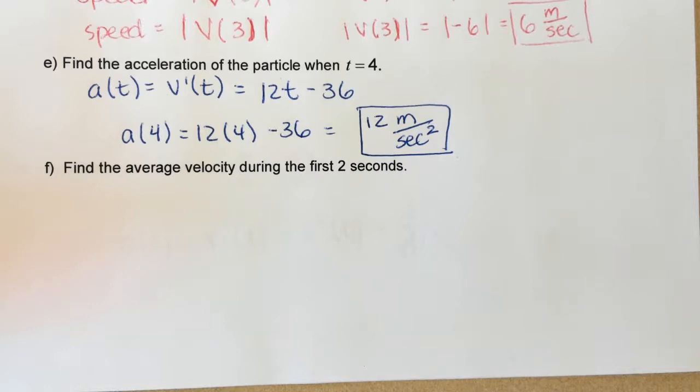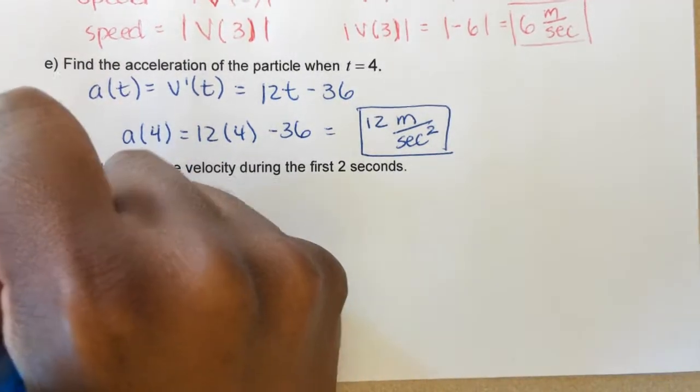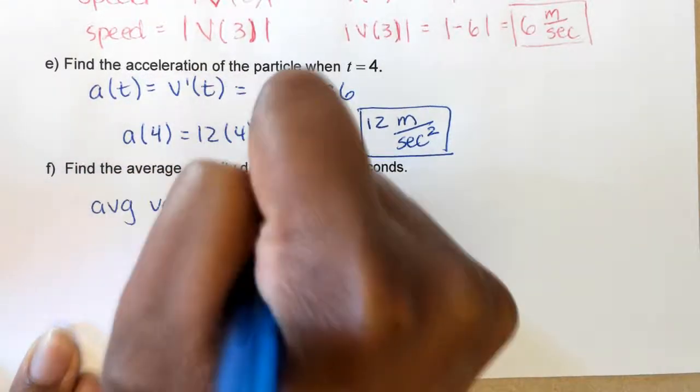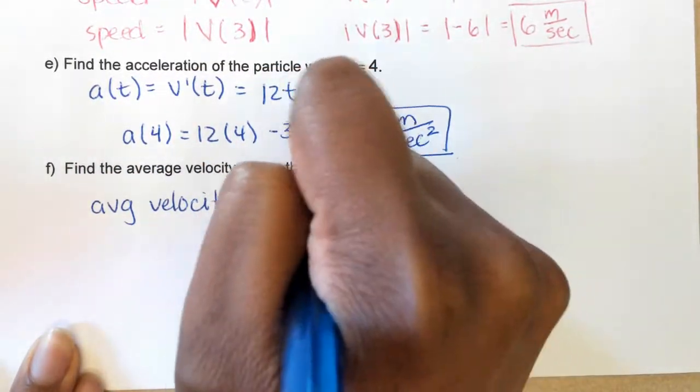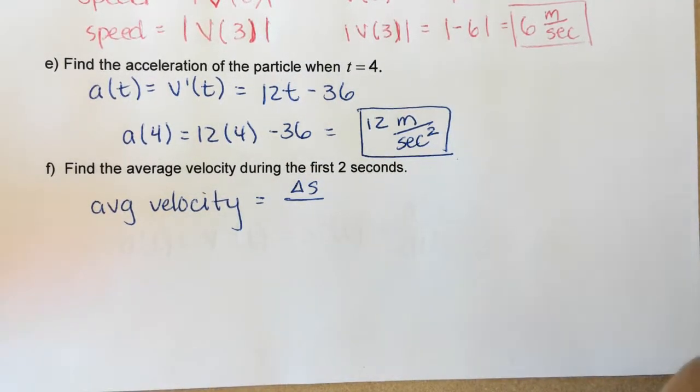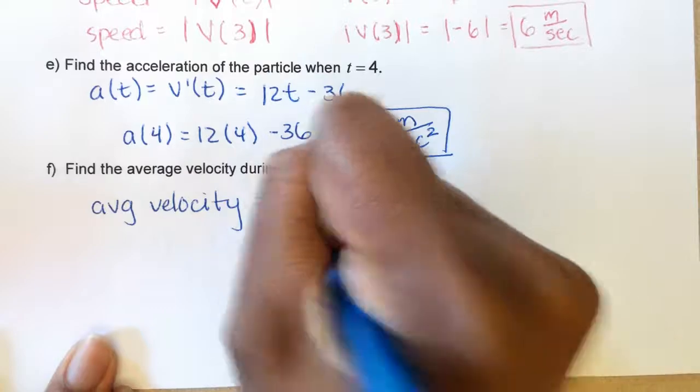Now, we want the average velocity during the first 2 seconds. So average velocity is equal to change in position over change in time.